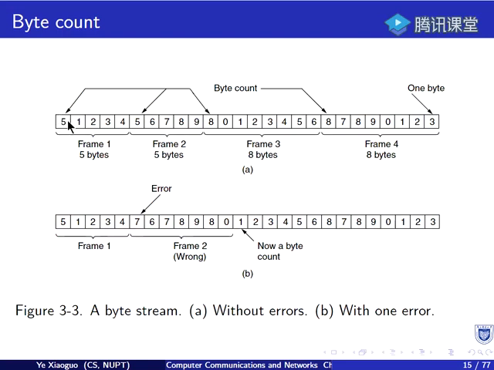That means if it's a 5, the length of frame 1 is 5 bytes.